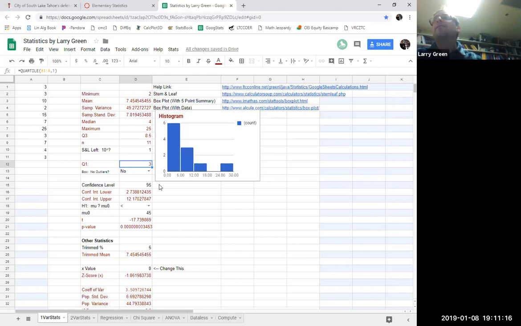So what we often say is we have the 5-point summary, or the 5-number summary. The minimum, the first quartile, the median, the third quartile, and the maximum. And that cuts the population into 4 pieces. Any questions on that?